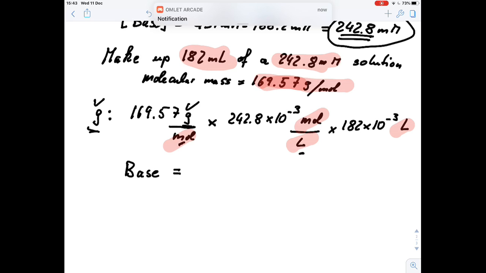7.5. Don't forget the units, okay? 7.5. Is it bananas? Please, in the exam, put down the units. So that is 7.5 gram. And I fully agree. I get 7.5 grams as well.